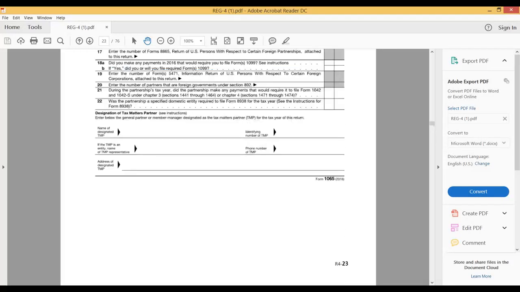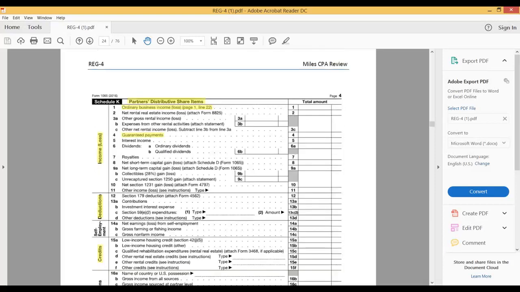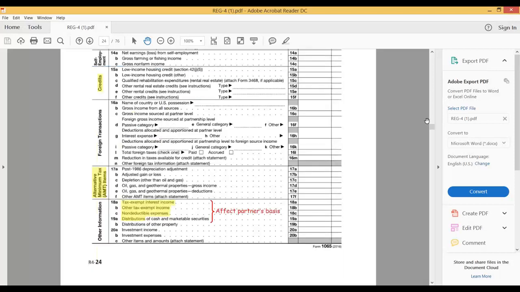Schedule B, further continuing, has more compliance information for the IRS. Then your Schedule K, right? It carries forward your ordinary business income or loss from page 1, and then it has all these separately stated items, as you can see.